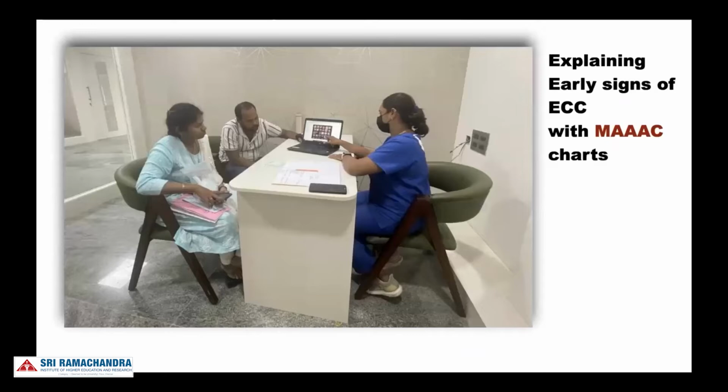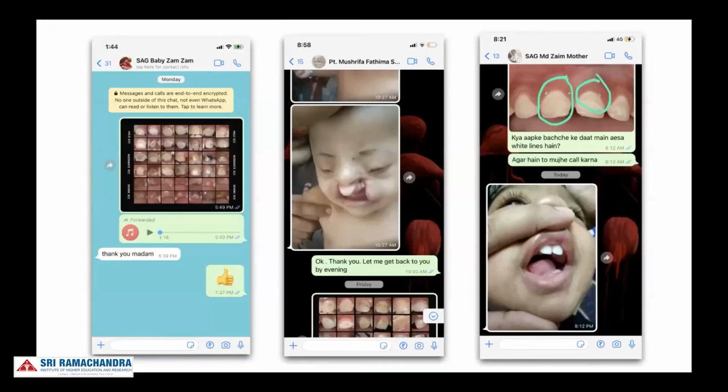When the parents visit us for the first time or in their subsequent follow-up visits, we show them the MAAC chart, and we explain to them that if they are neglected, the mild becomes moderate, moderate becomes severe, and the harder it becomes to treat.